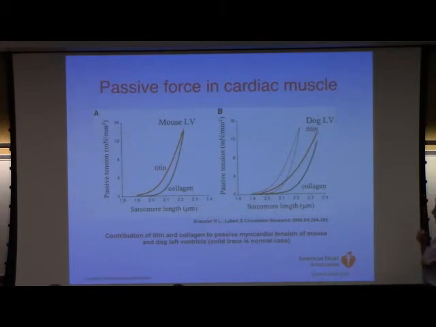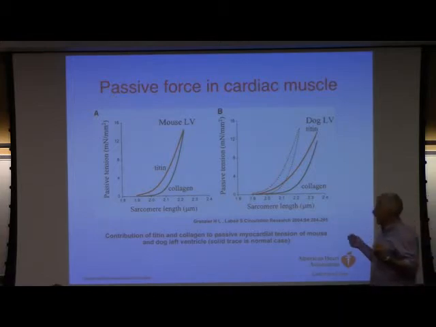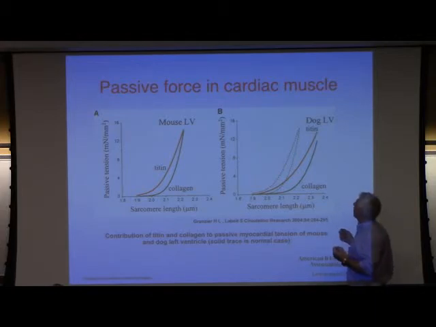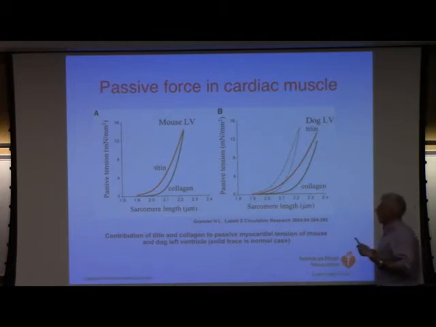So what generates the passive force? Well, there's two components. One is titin, which we already talked about. This big protein, it sits between the Z-line and thick filaments. This is showing two sets of data, one from mouse. LV is left ventricle, so part of the heart, and then this is from dog left ventricle.